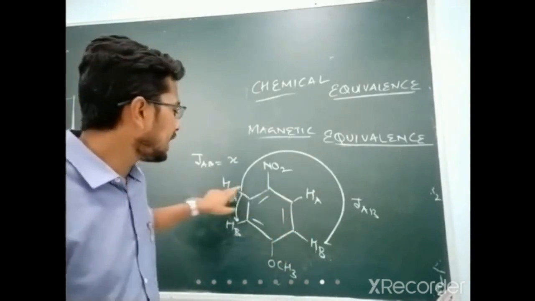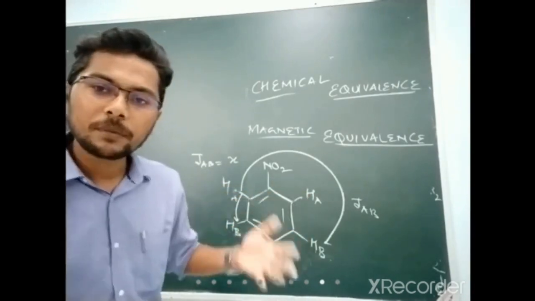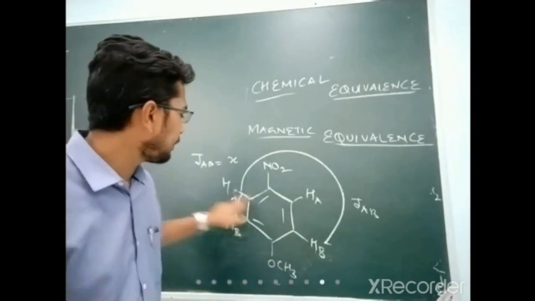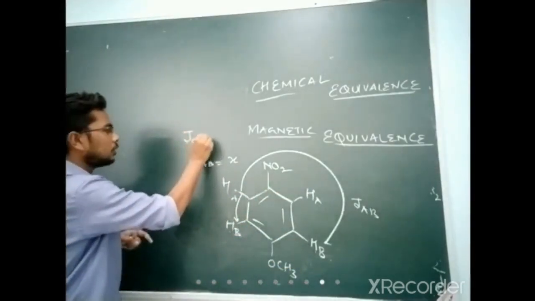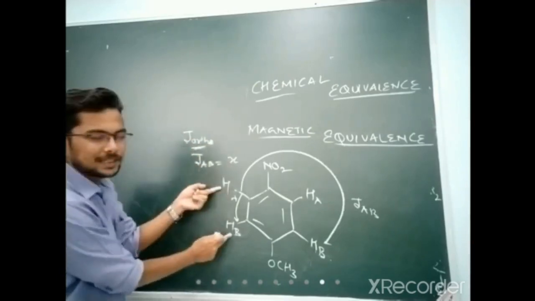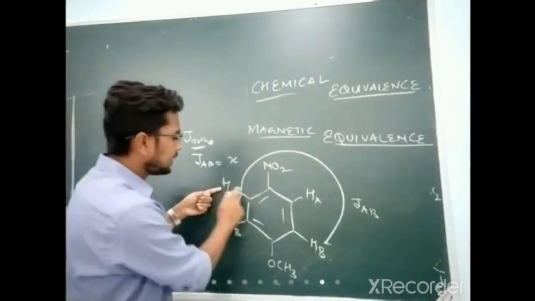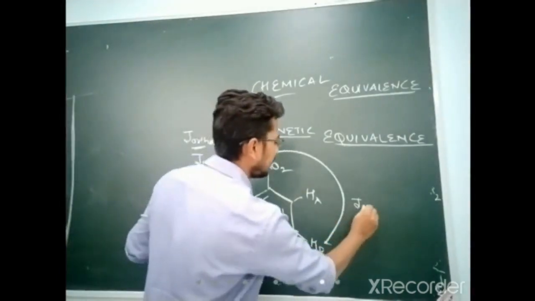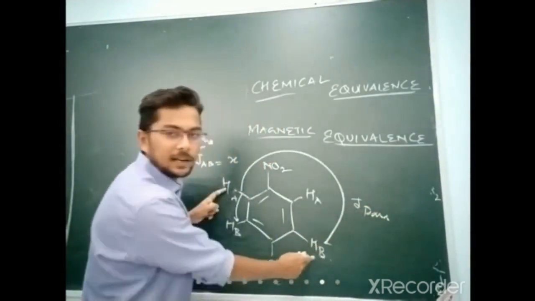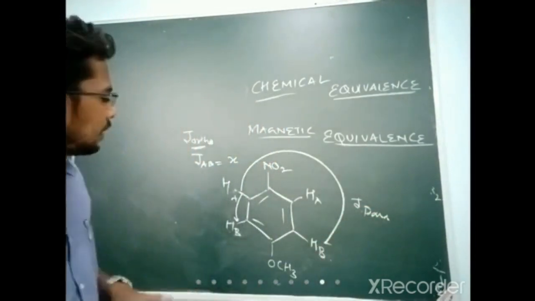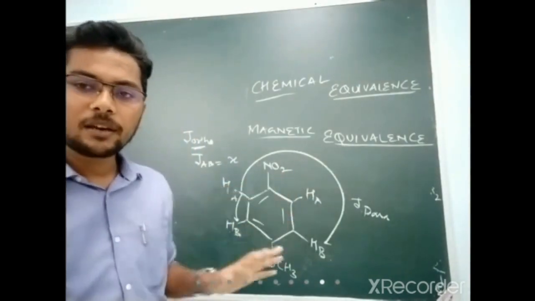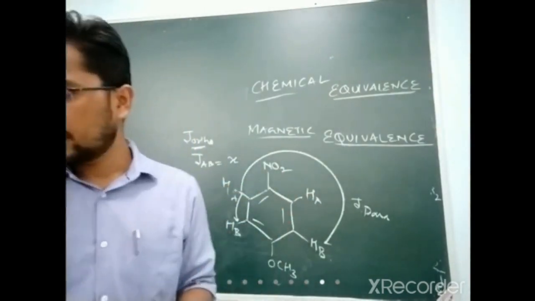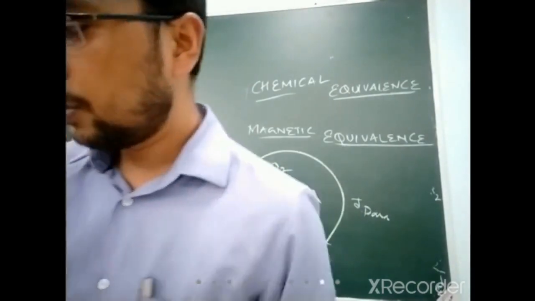They are far apart. We can also say this is J ortho, because this and this have an ortho relationship, and this has a para relationship. So although these hydrogens are chemically equivalent, they are not magnetically equivalent. Keep this in mind.